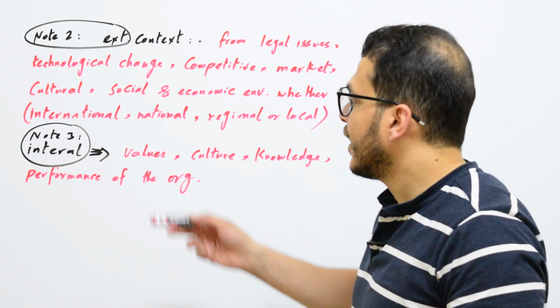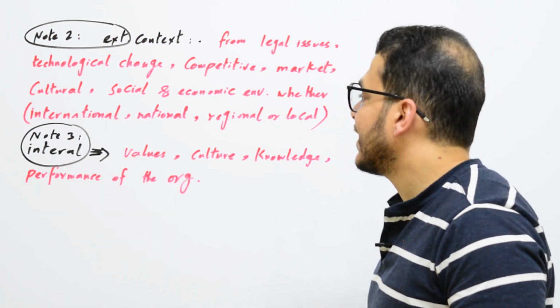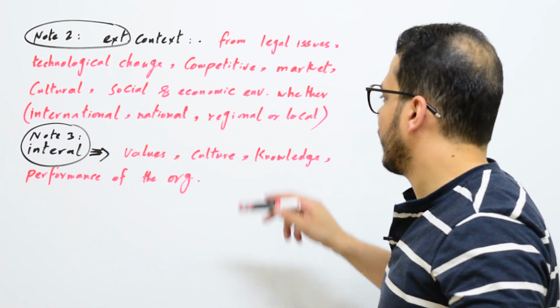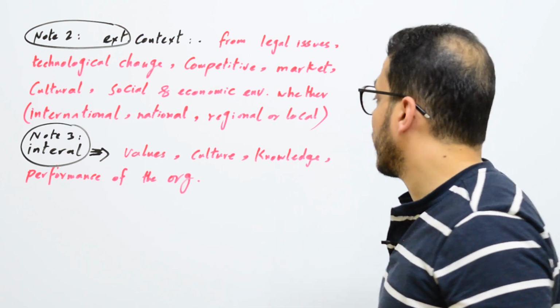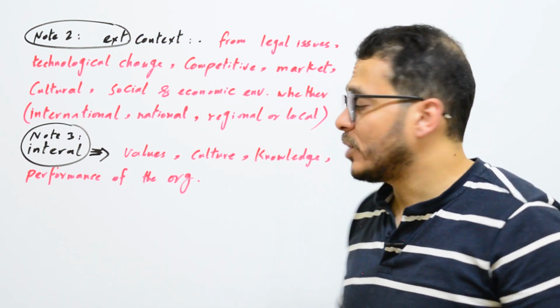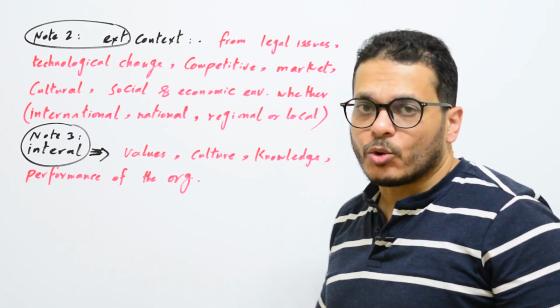And in note 3, also internal context can be facilitated by considering the issues arising from values inside the organization itself, culture inside the organization, knowledge also, and this is very important, that was added to this edition, and I will explain after that, performance of the organization.